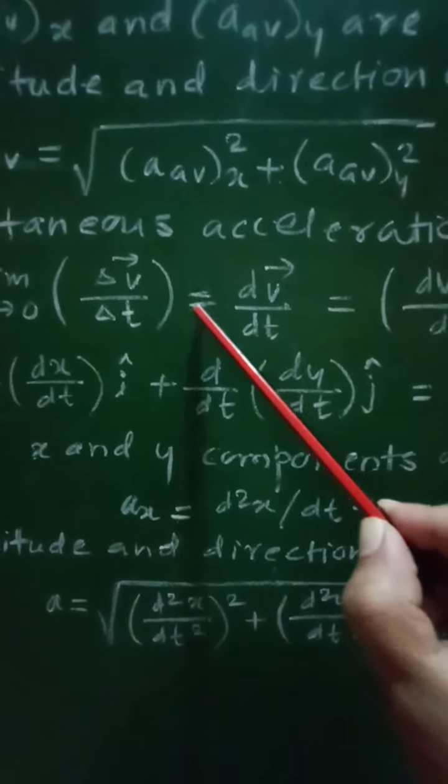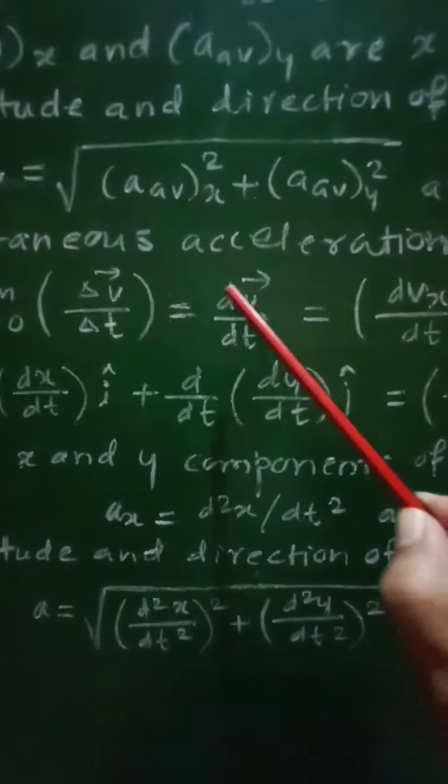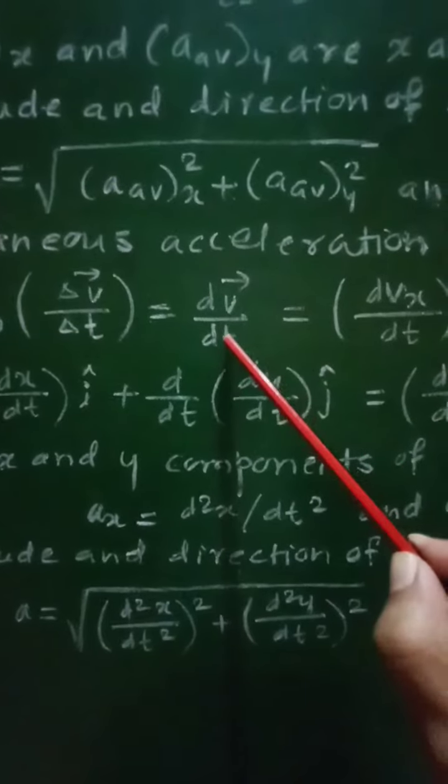This will be written in the form of derivative of velocity, that is dv by dt.